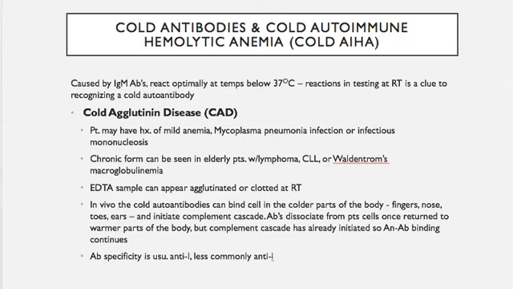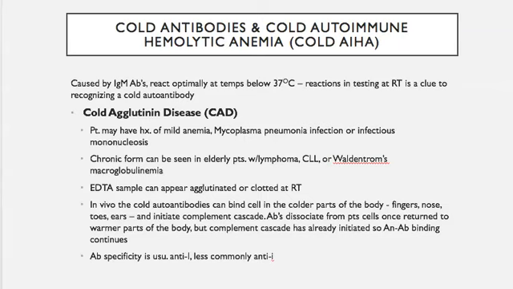The EDTA sample might appear agglutinated or clotted at room temperature. In vivo, the cold autoantibodies can bind cells in the colder parts of the body, so like fingers, nose, toes, and ears, those extremities that tend to stay a little bit colder.